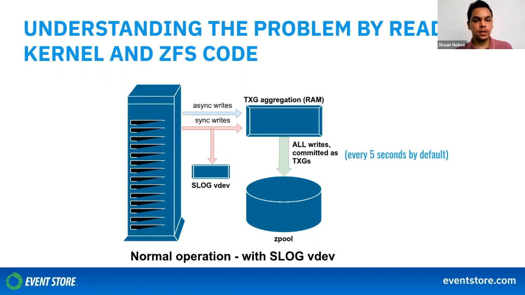And in EventStoreDB, we use synchronous writes because we need to make sure that the data is on the disk when we acknowledge receipt of an event to avoid any data loss. And the way we do that is with the msync function for memory mapped files, or the fsync system call with normal files.